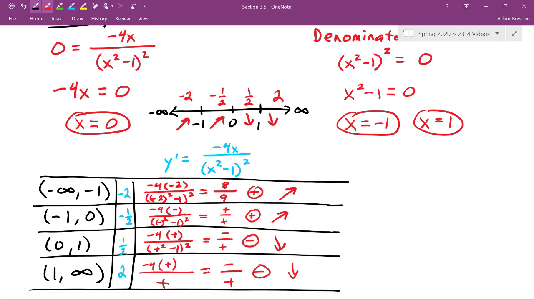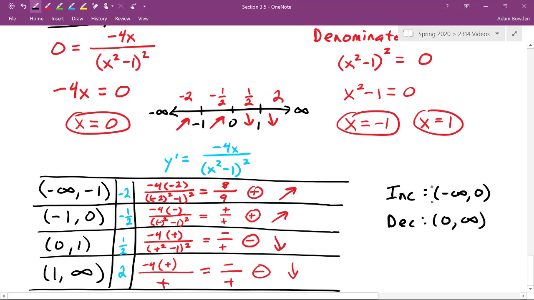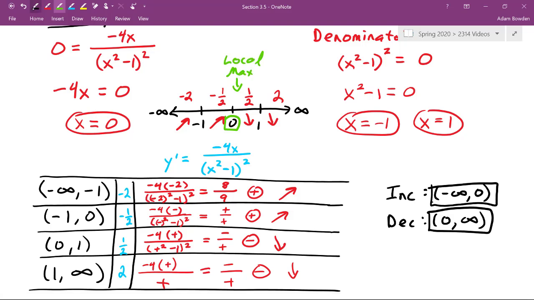There are not too many alterations here. So we'll say increasing from negative infinity to 0, decreasing from 0 to infinity. Okay. We also know about a local maximum. Here at 0, since it goes up and comes back down, that's a local maximum.